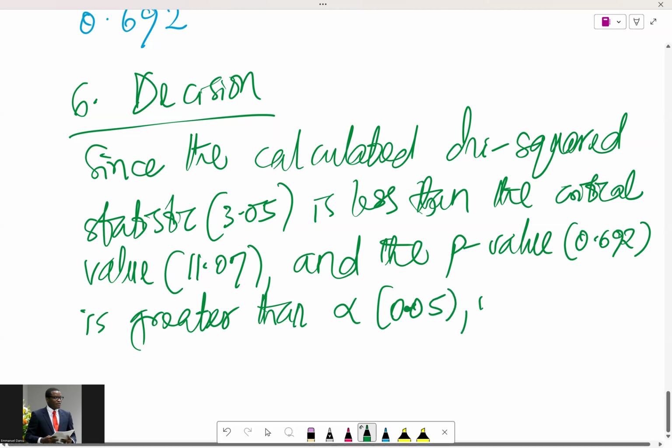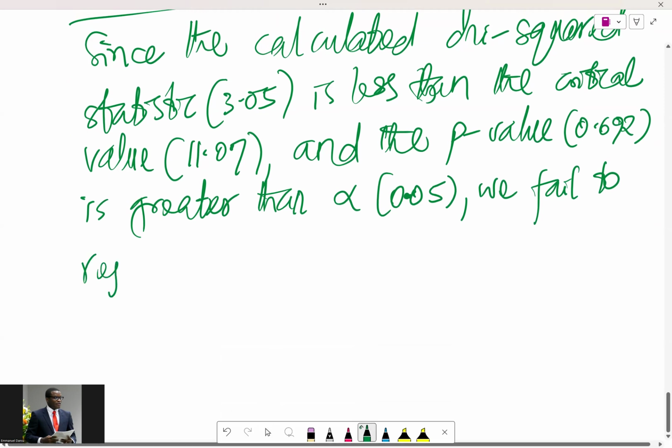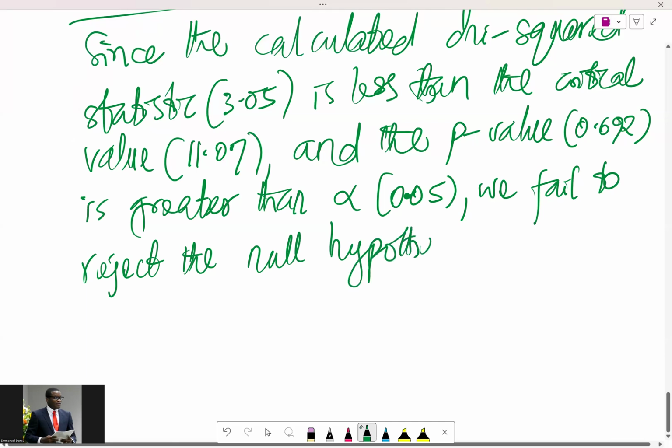then we accept the null hypothesis. That is, we fail to reject the null hypothesis. That means we accept the null hypothesis. Generally, once your calculated value is less than the critical value, then you accept the null hypothesis.